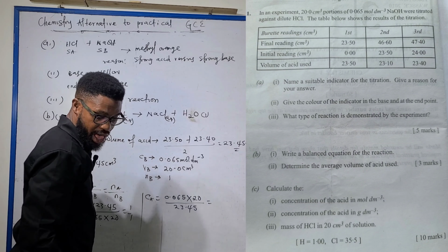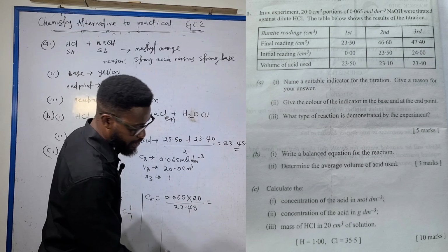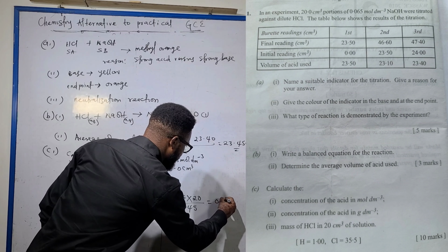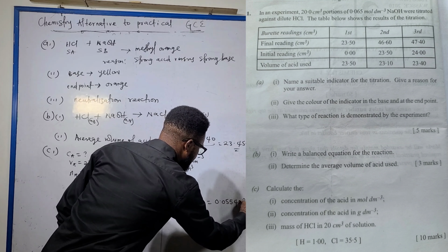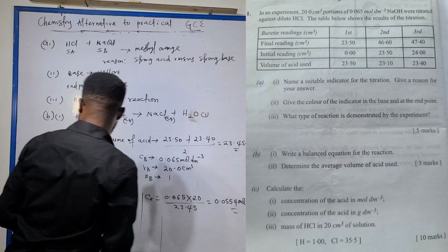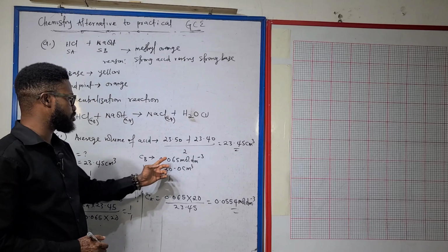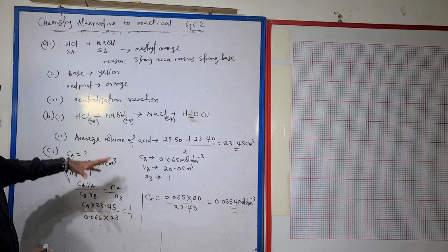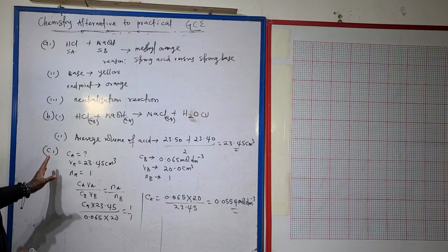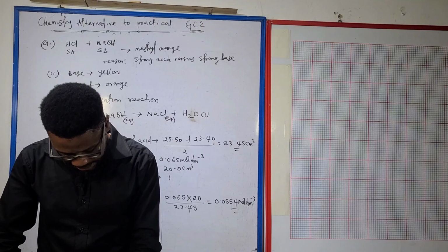What I'm going to have for my Ca, if I compute, is 0.0554 mole per dm cube. That way I've been able to get my Ca because I was given the condition of my base. My base being a standard solution, I can use that to standardize for my Ca. So that answers C1.